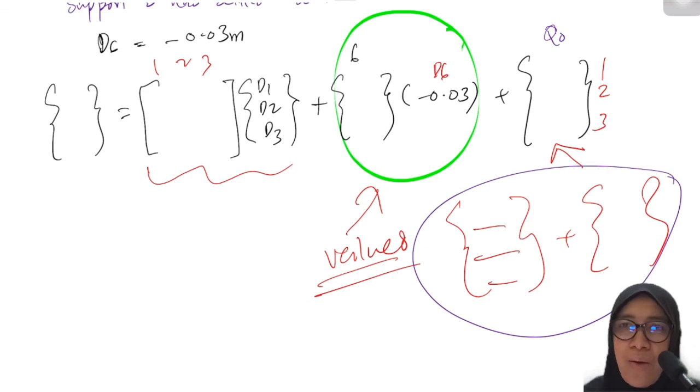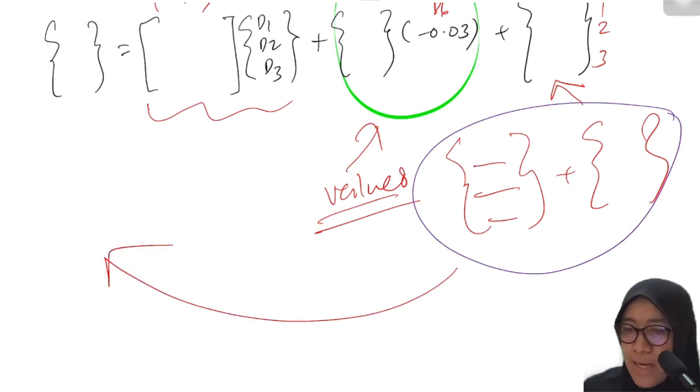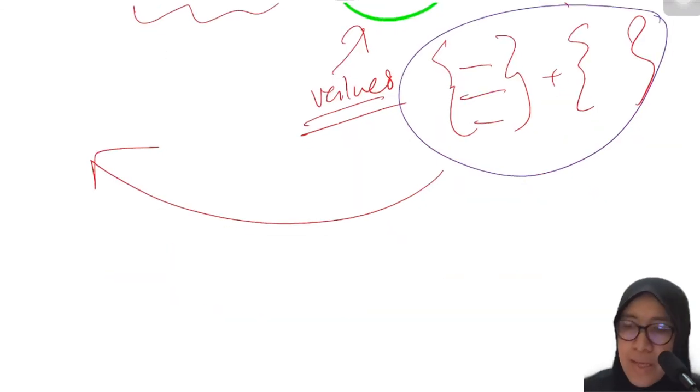So this is how we can consider the support settlement when the value of settlement is given in the question. Lastly, we bring this value to the other side, so finally we will get the equation just like this.